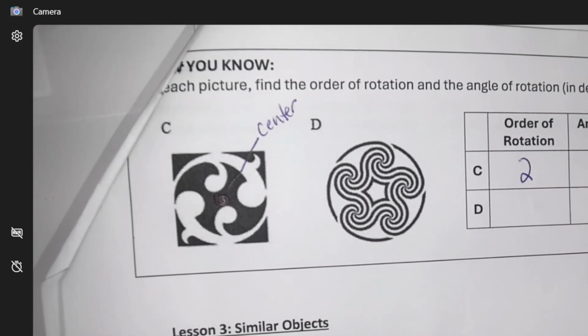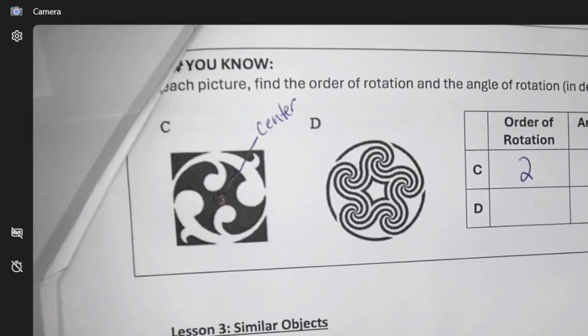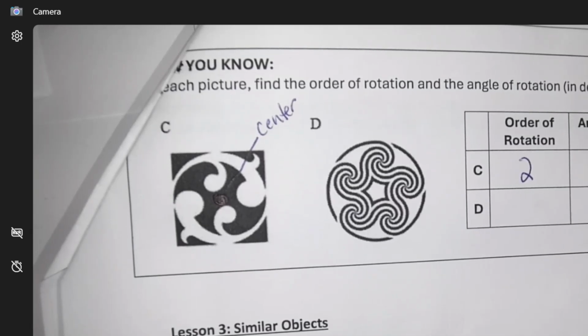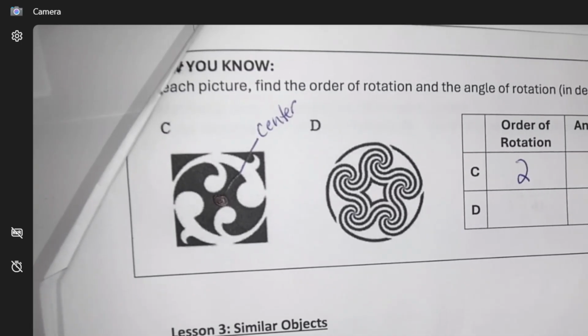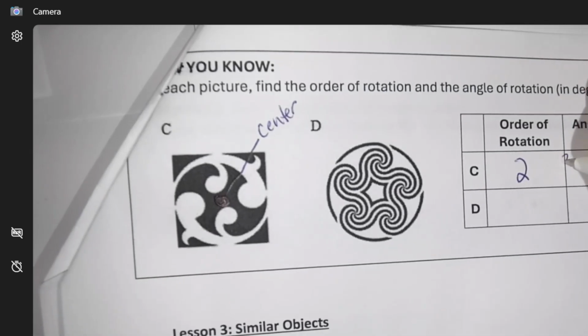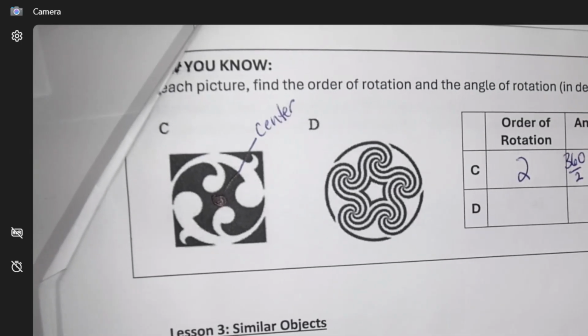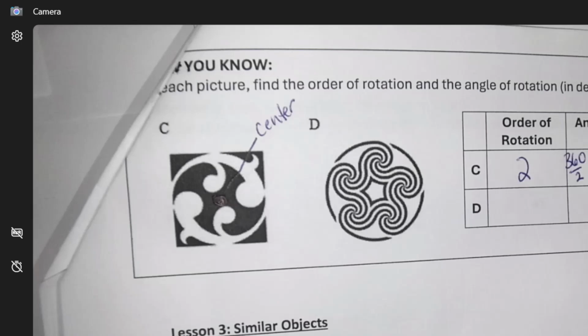There's only 2 times you'd have to spin it. To look the same, how many degrees would you have to spin it around? 180. 360 divided by 2. So I would have to turn it a half of a circle to make sure it looks the same.